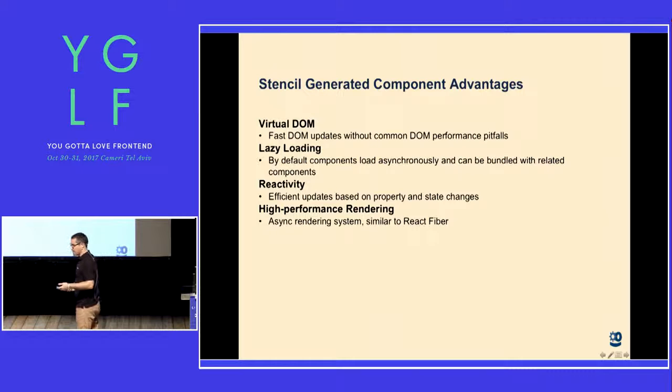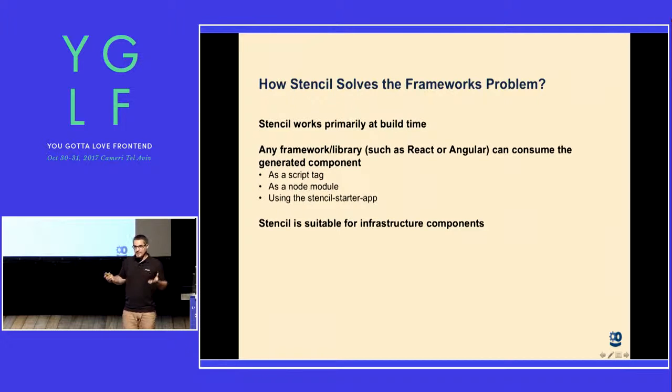The Stencil render function will run again, and if the state changes, it will be the same. It includes lazy loading for the components. It has very good performance, because underneath it uses Preact, and it's similar to Fiber in React, if you heard about that.